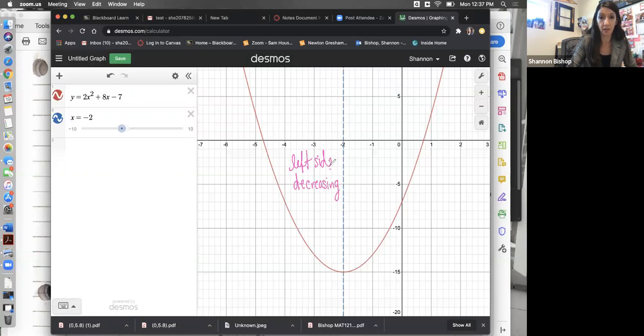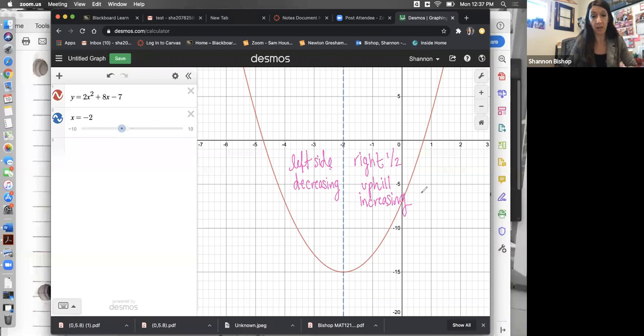And it's the right side, or the right half, that's going uphill, increasing. So you just have to be careful. Every parabola is different, right side up, upside down. And for that reason, you just have to think carefully about which is which.